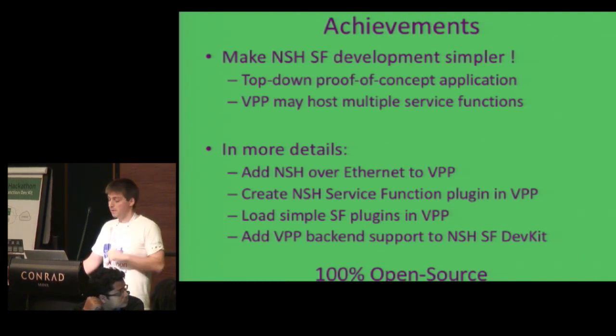So we added that. We also needed VPP to support sending NSH traffic to a local service function, and that's the shared object plugin I was talking about. We did all that, and then we added a VPP integration layer to the dev kit that Dave and I had worked on earlier.